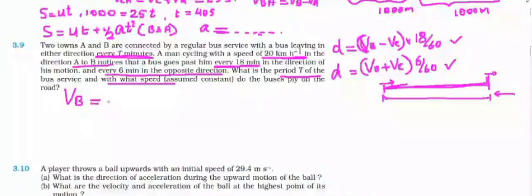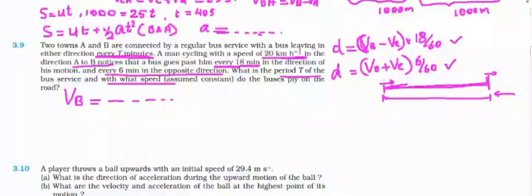Velocity of the bus can be calculated. Now next, for calculating the time period, we consider the bus traveling in the direction of the cyclist.